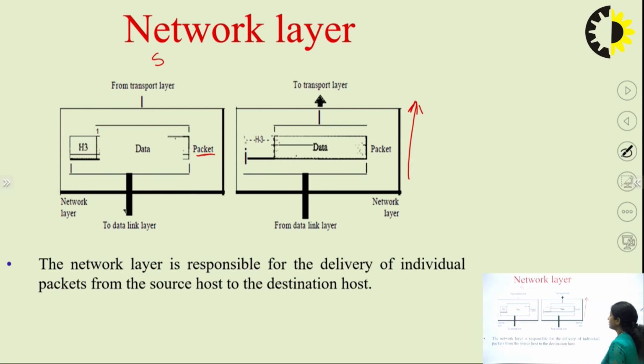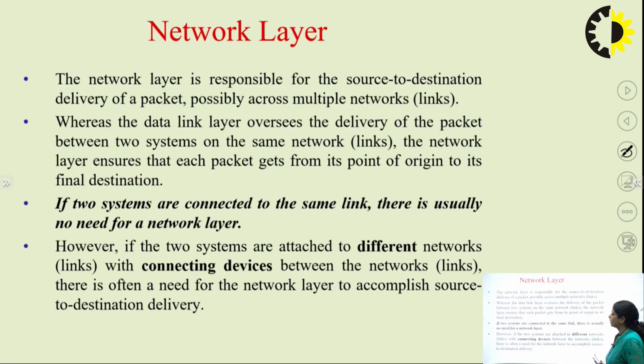The network layer is responsible for the delivery of individual packets from the source host to the destination host, right? So these are some of the functions of the network layer, where we can see it is designed for source to destination delivery of packets, possibly across multiple networks or multiple links.